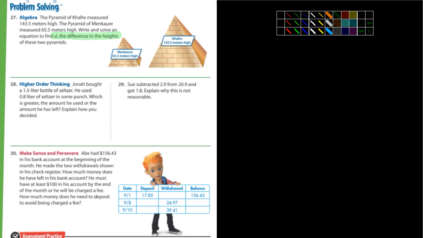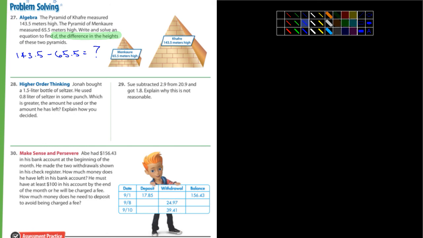So it says write and solve the equation. So if we're finding the difference, it's just going to be 143.5 subtracting 65.5, and that's going to equal something, and I'll let you guys figure that one out. Number 28, Jonah bought a 1.5 liter bottle of seltzer.